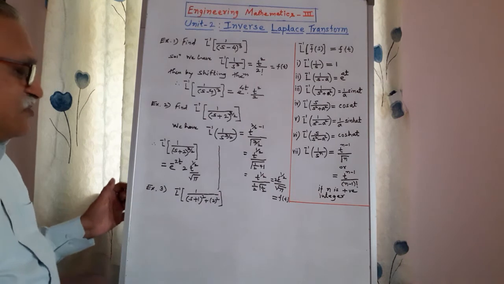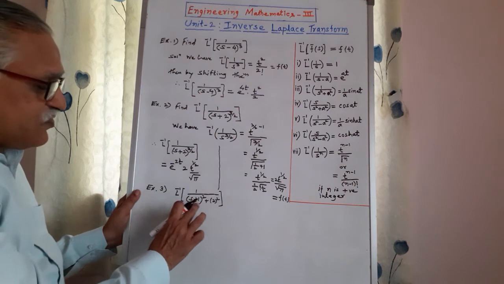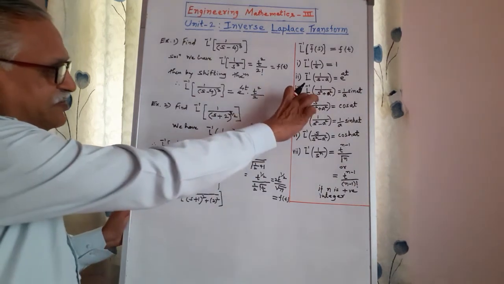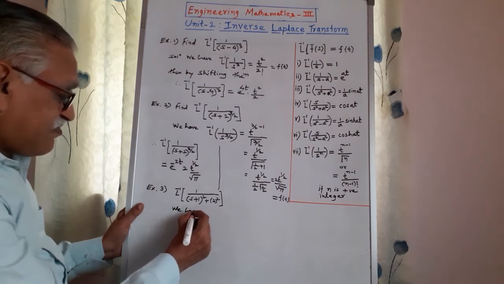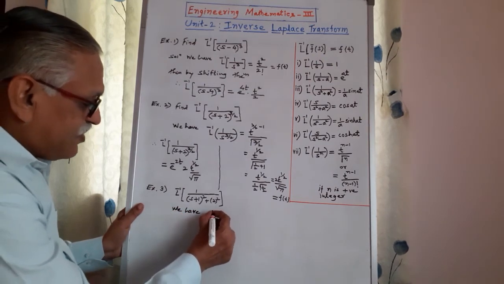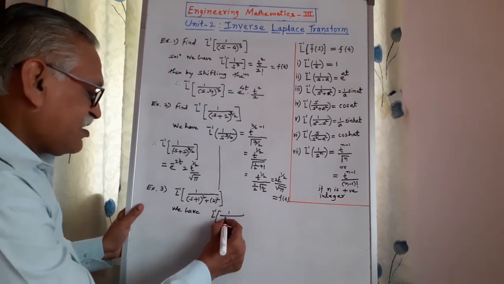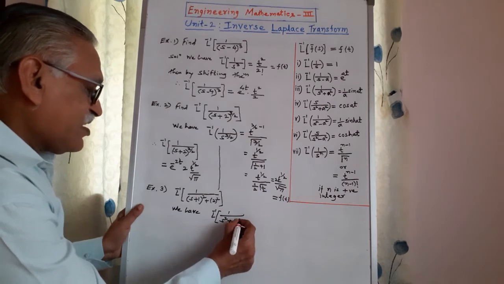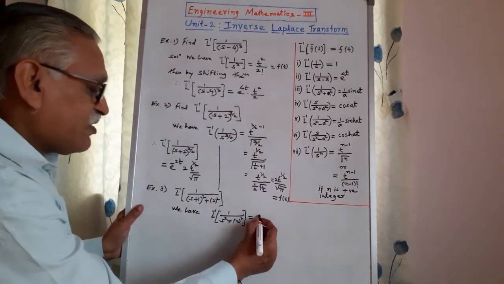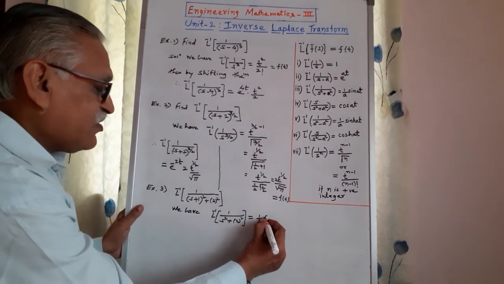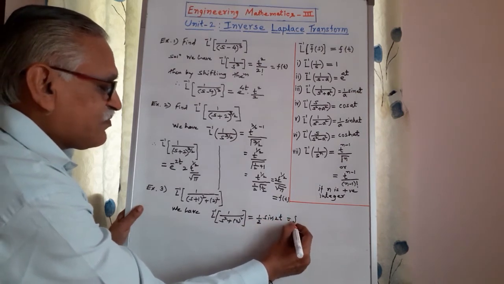To apply the shifting theorem, first of all we find the inverse of 1 upon s square plus a square. Therefore we have inverse Laplace of 1 upon s square plus 2 square equal to 1 by a, here a is 2, so 1 by 2 sine of at, sine of 2t, and we call this f of t, say.